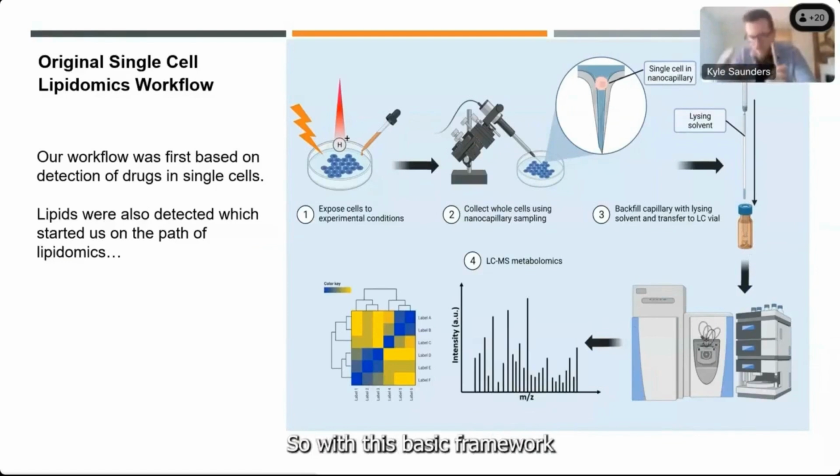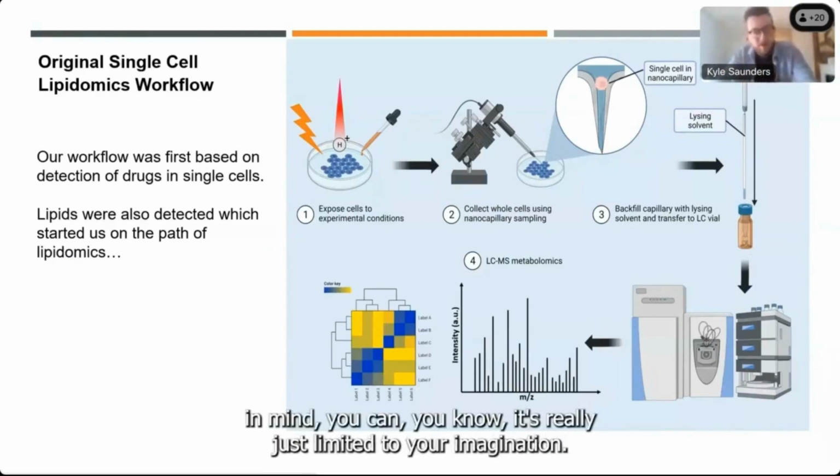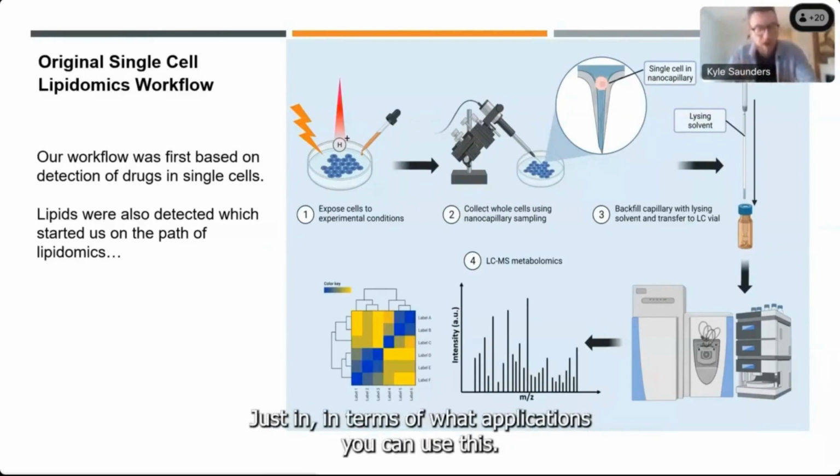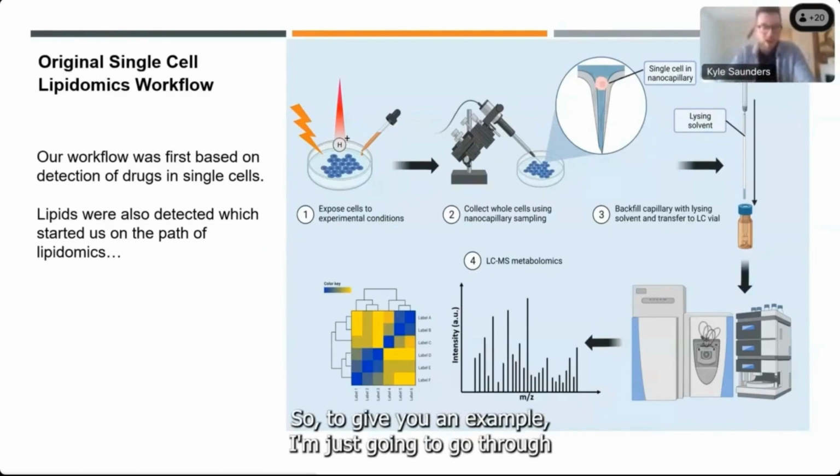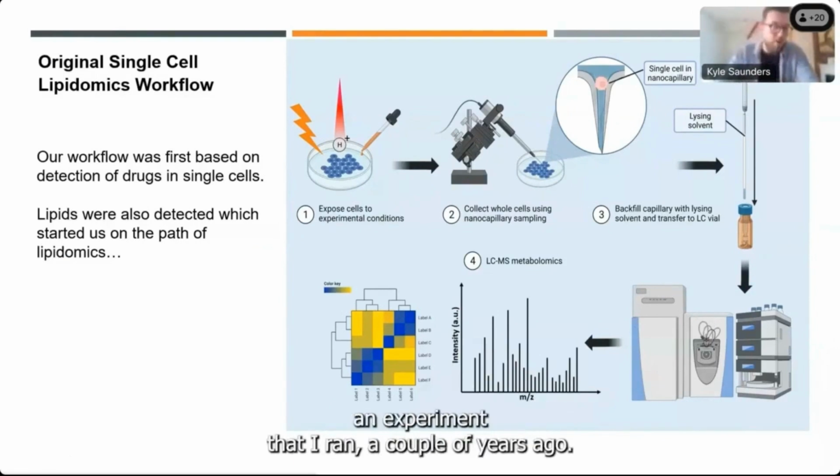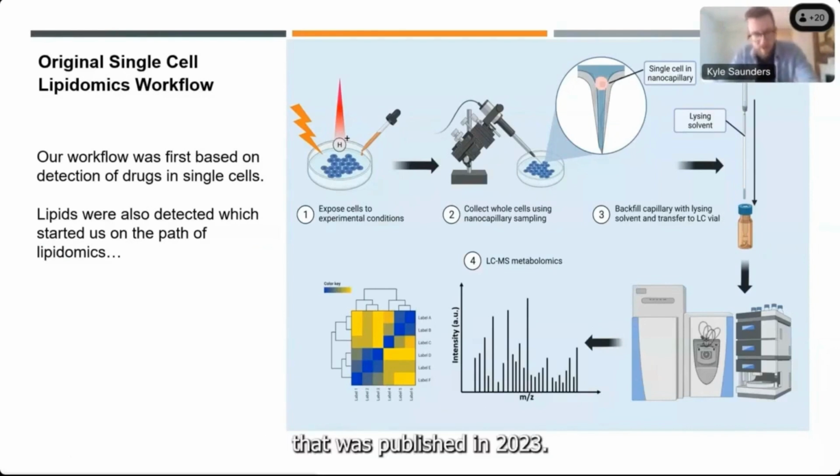So with this basic framework, it's really just limited to your imagination in terms of what applications you can use this for. To give you an example, I'm just going to go through an experiment that I ran a couple of years ago that was published in about 2023.